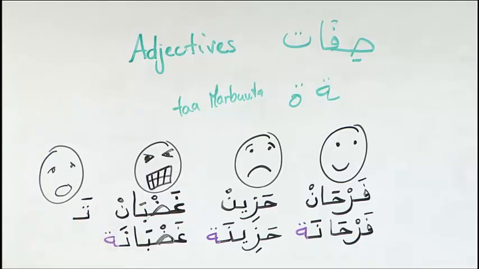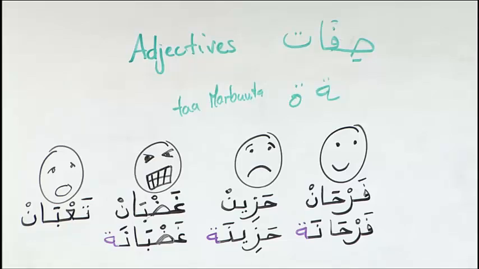What letter is this one? Ta. What letter is this? Ain. How about this one? Ba. Can somebody read this one? تعبان. Tired.